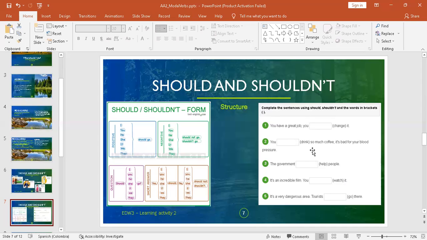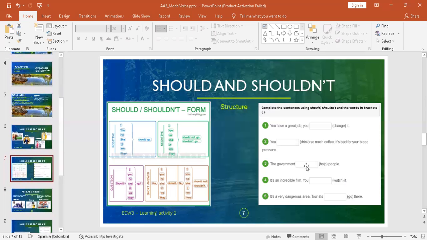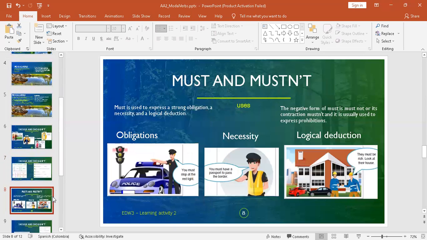Acá sería you should drink so much coffee, it's bad for your blood pressure. You shouldn't, acá también sería negativo. You shouldn't drink. Y lo que ustedes tienen que poner es el auxiliar y el verbo. Bueno, ahí les respondí esas dos para que se guíen y ustedes puedan responder las siguientes.